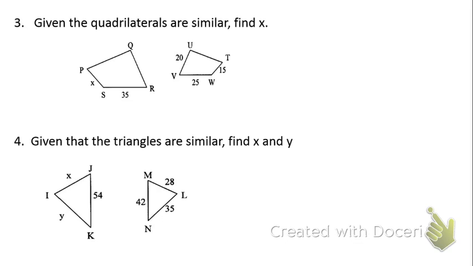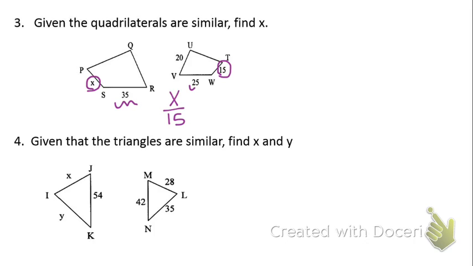So our next problem, we are given that the quadrilaterals are similar, and so we want to find x. So we try to match them up. Again, we can see that x is going to match with 15. So we can say x over 15. And then the only other side that we know over here on the left is 35.